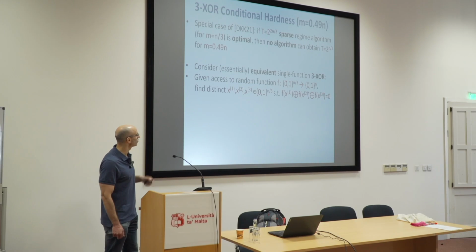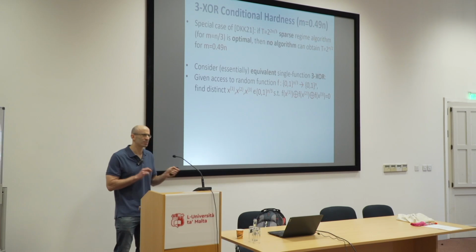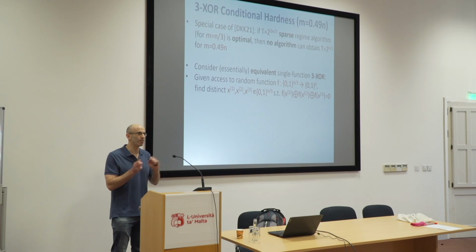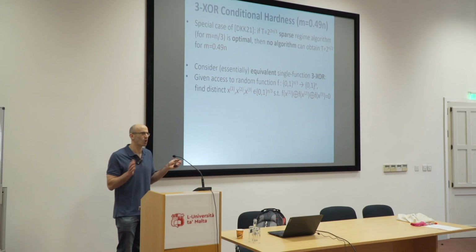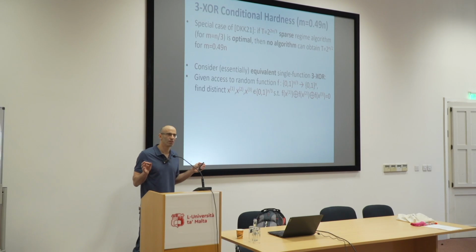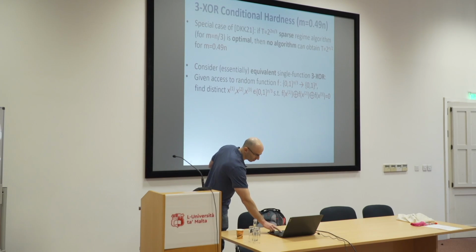So now we have just 1 function. And you can show that these 2 versions, with 3 functions or 1 function, are basically equivalent, up to constants. It's not difficult to show, so I won't do it, but you have a reduction.